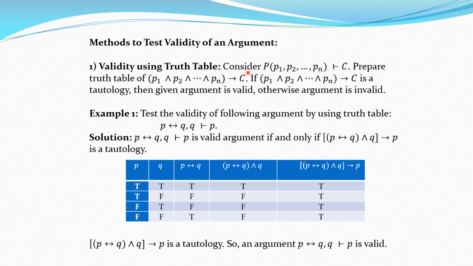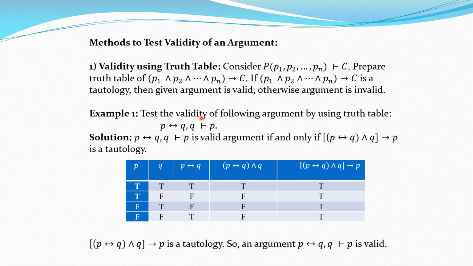If we want to check its validity by using truth table, then we have to prepare the truth table of P1 and P2 and Pn implication C, because by definition if this is a tautology then the argument is valid, otherwise it is invalid. So just prepare the truth table for P1 and P2 and Pn implication C. If this column contains all true values, meaning it is a tautology, then the argument is valid. Now see one example by using this method.